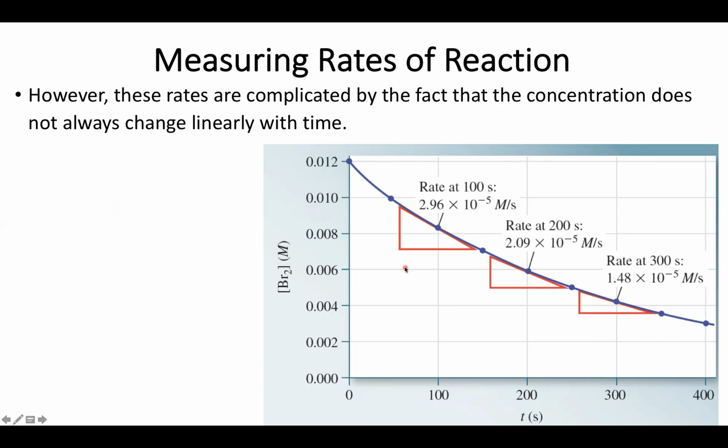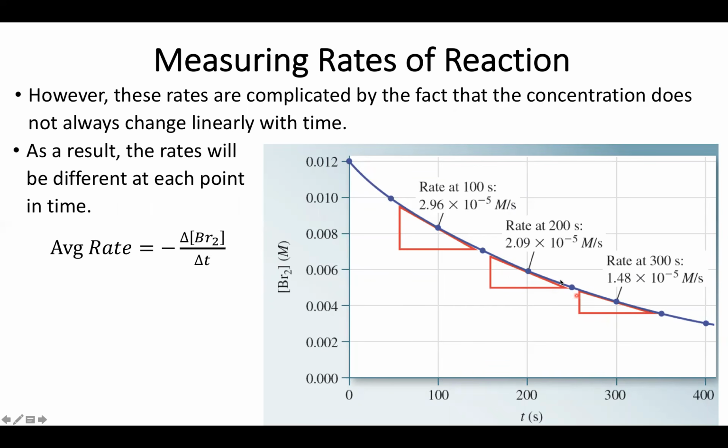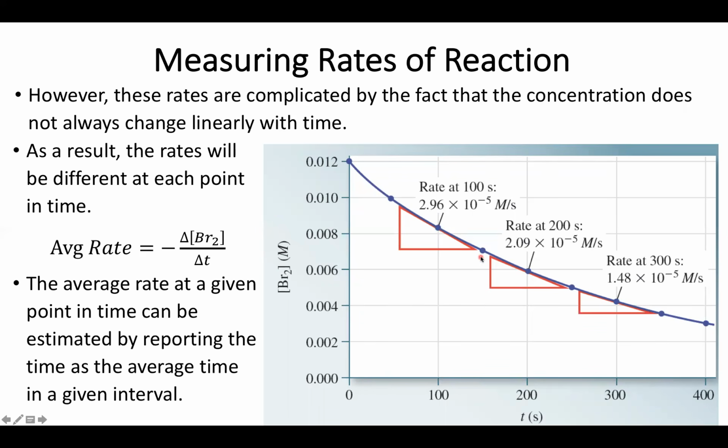Now, here's the fun part: a lot of reactions don't have a nice linear change of concentration with time. So if I'm trying to figure out my rate, every single point in time will have a slightly different rate. So what we can do is try and find the average rate change over a given period, in this case about 100 seconds, where I figure out my value at the first point, my value at the second point, and again, take the difference in time.